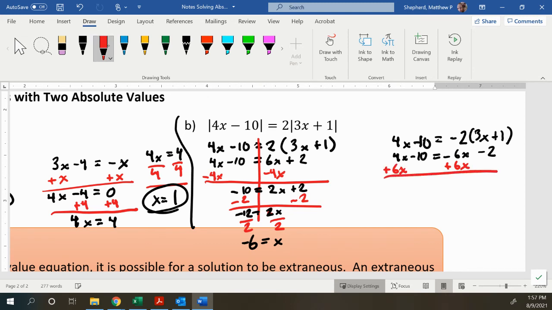The reason I did that is just because rather than eliminating the 4 like I did before, because negative 6 is lower than a 4, if I do it this way, then I can have equations that only deal with positive coefficients. So notice the number in front of x is a positive. Over here, the number in front of x was a positive. It doesn't have to be that way. I can divide by negatives. I'm not afraid of it. That being said, life is easier when you deal with fewer negatives, so I avoid it when I can.